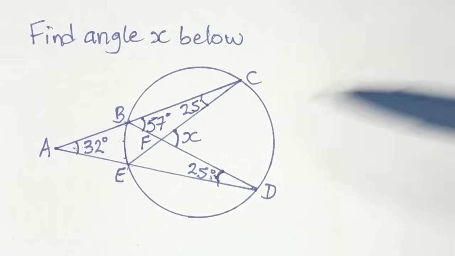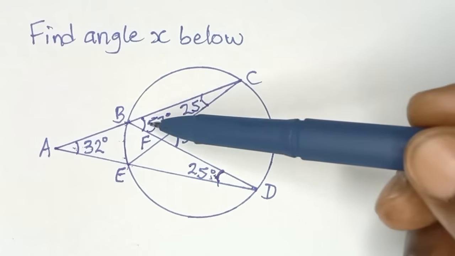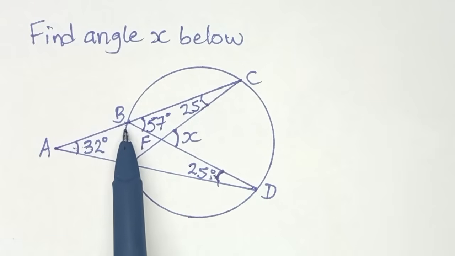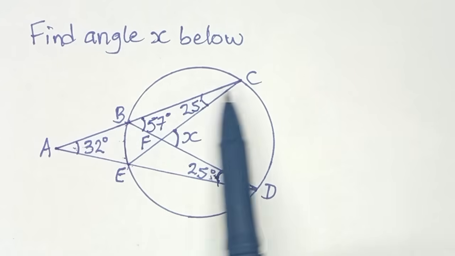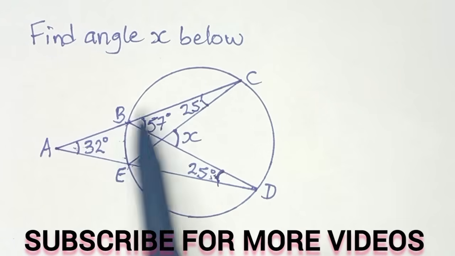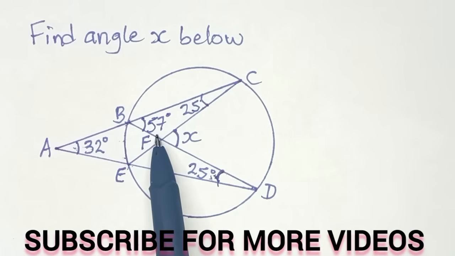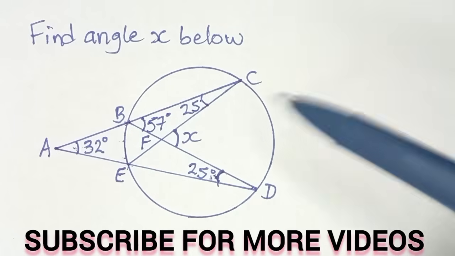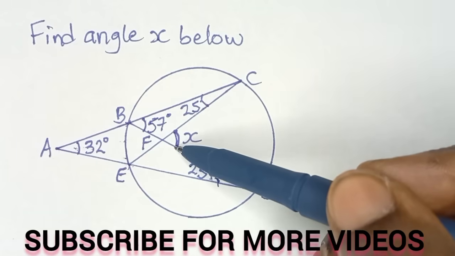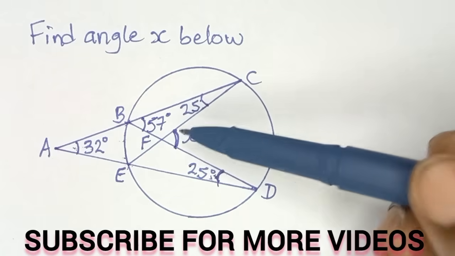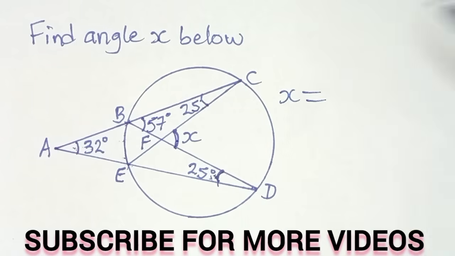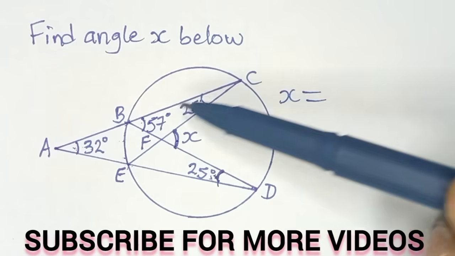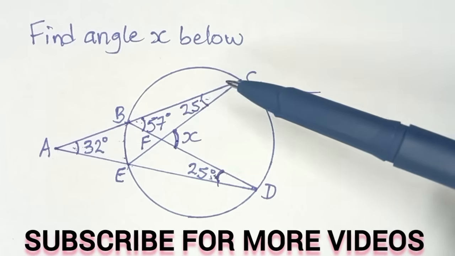So in the same way, this X is also an exterior angle, because if you look at this line BF, it is extended outward using triangle BCF. So this line BF is extended outward to give this exterior angle X. So the rule again is that this exterior angle X, let me write it now, will be equal to the sum of the 2 opposite interior angles of the triangle.